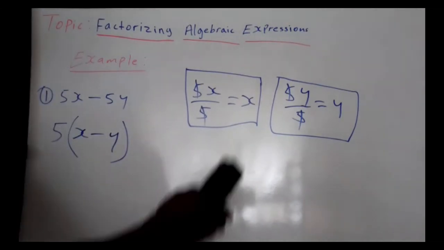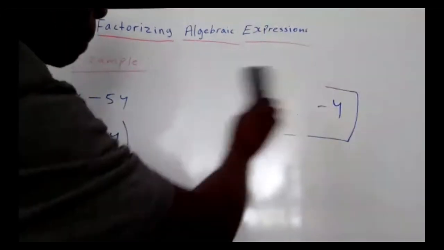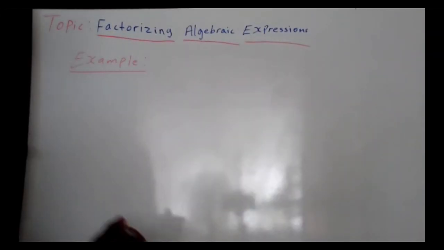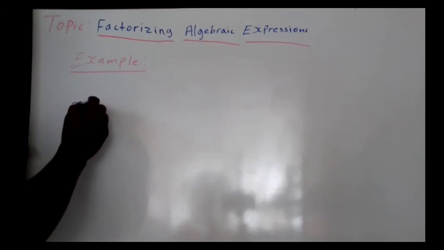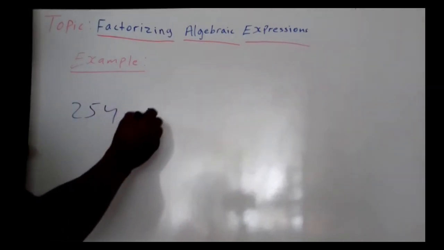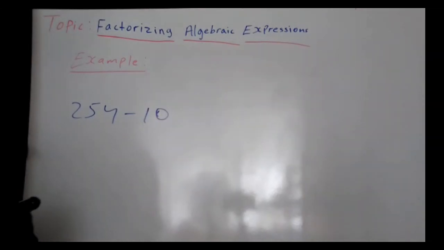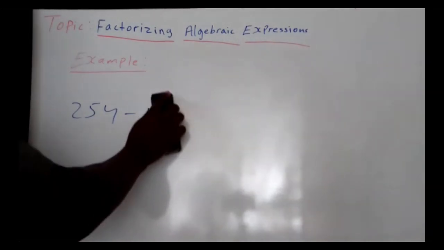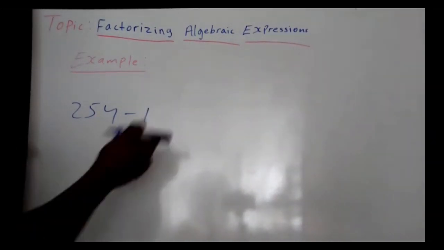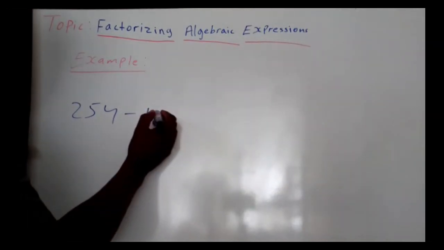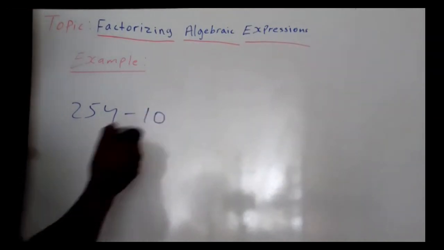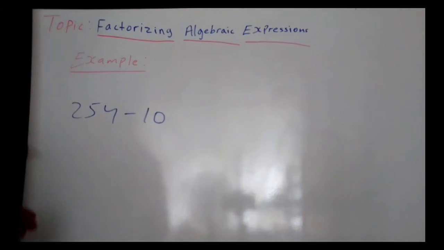So let us do another example. What if you were given 25y minus 10, and you were asked to factorize this? As I mentioned before, you need to look at each term and see what each term has in common.